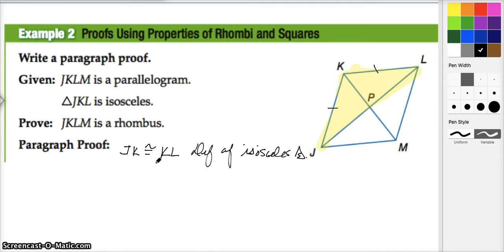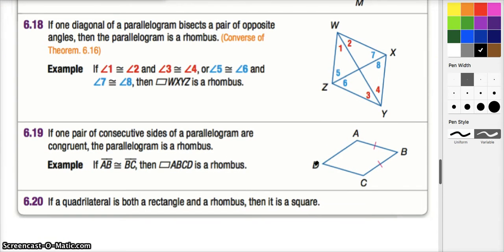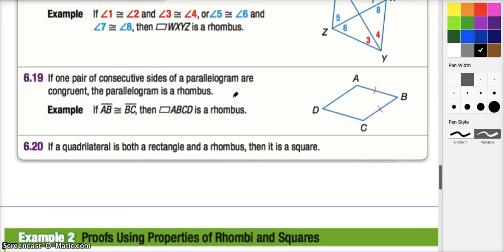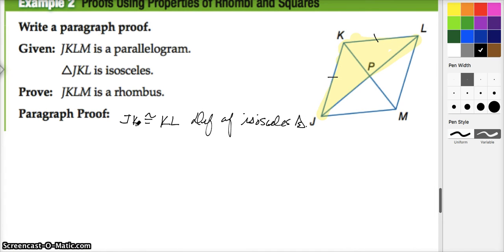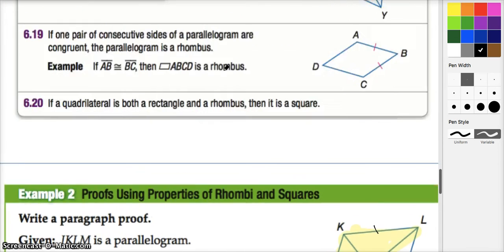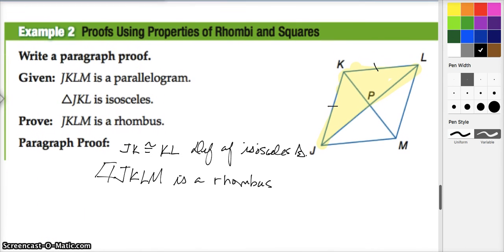All right, great. The next thing we need to do is employ one of the theorems that we talked about just now, and this one looks like the one. If a pair of consecutive sides of a parallelogram are congruent, then the parallelogram is a rhombus. So from there, we can say that parallelogram JKLM is a rhombus based on the theorem above.